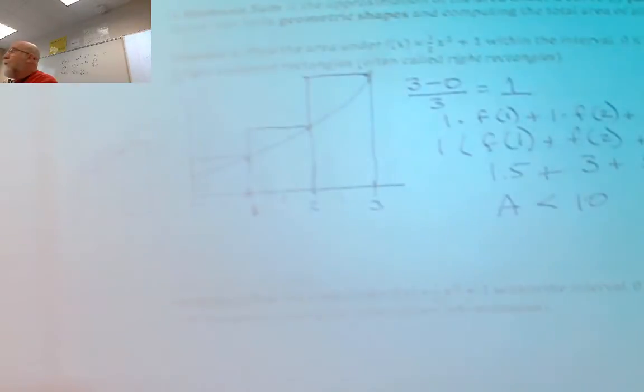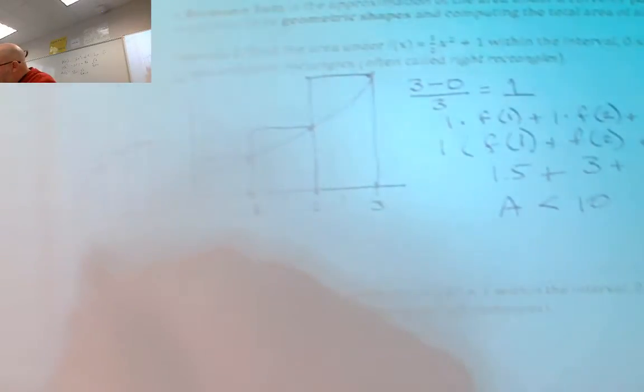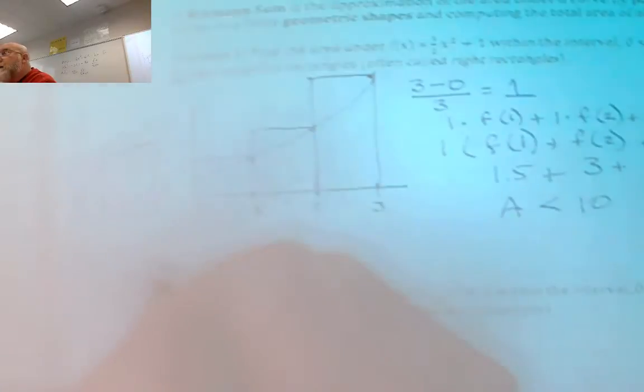What do you suppose happens on a right Riemann sum when it's decreasing? In other words, let's say I have this. It's going down, so this is concave down, correct?